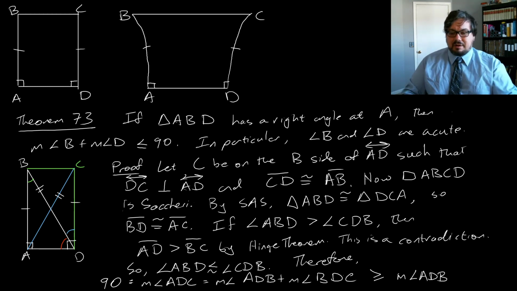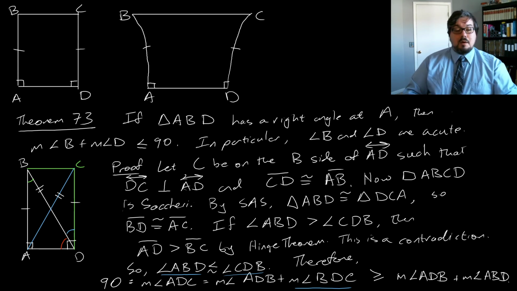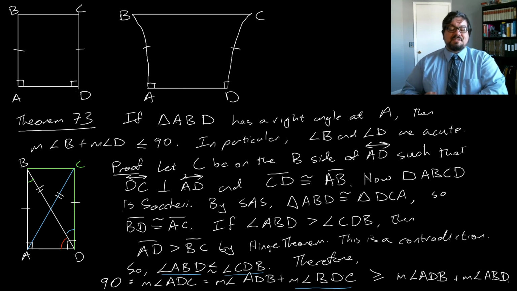So we have, the measure of angle BDC, we had that up here, is greater than or equal to the measure of angle ABD. But that's exactly what we were going for. We were trying to show that the green angle and the red angle had a total sum of less than 90.